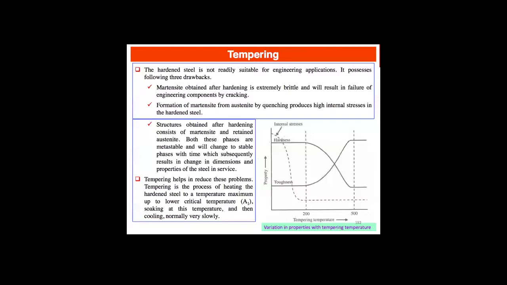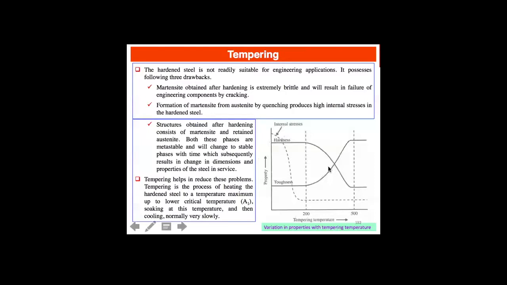Okay, so then basically what we do is we want to heat below our A1 temperature, so heat back below our eutectoid temperature, hold, and then cool slowly, so we don't have any gradients that appear.